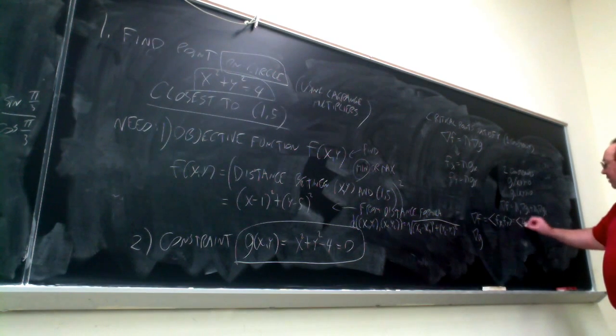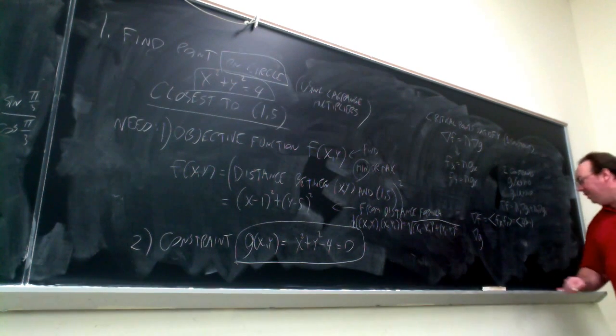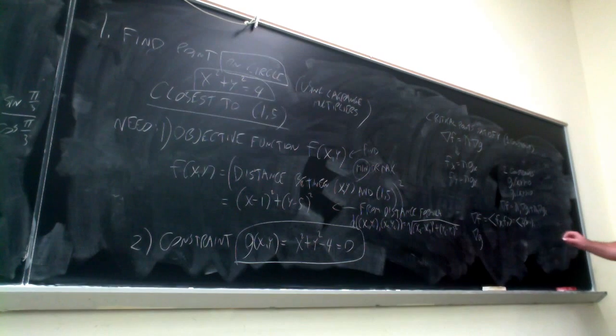Yeah, so 2 times x minus 1, or 2x minus 2. Okay, and then with respect to y, 2 times y minus 5. Yeah, so that's the gradient of f.